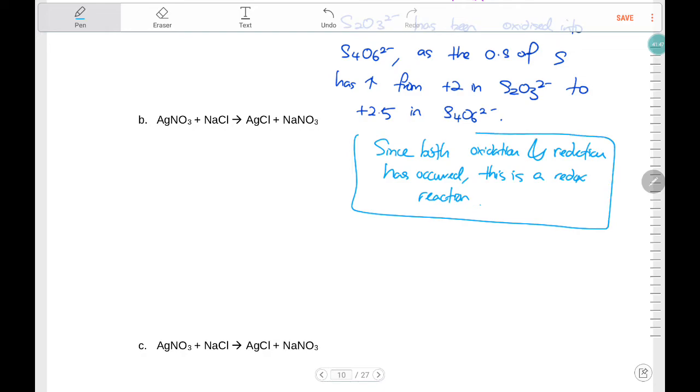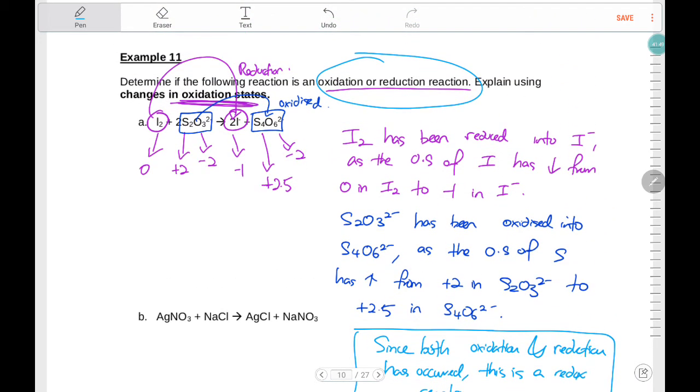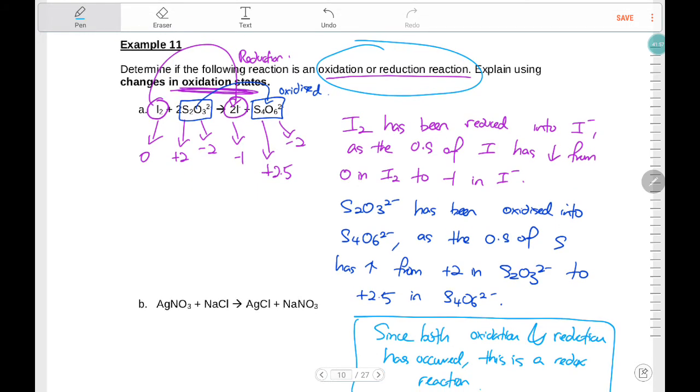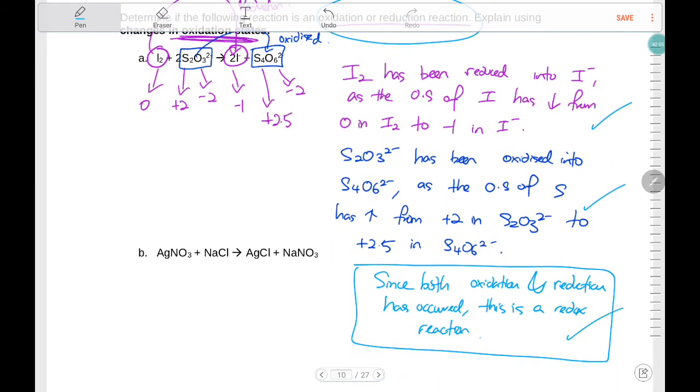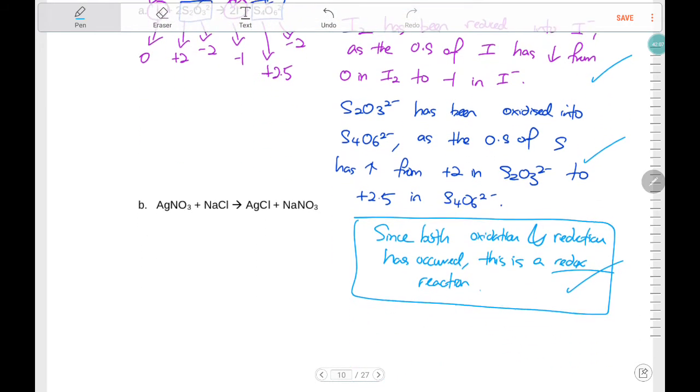So in this part, as we have mentioned last lesson, a bit different from how I answered the previous question, because the previous question is just asking me who oxidized, who reduced. In this case, they want to know is this oxidation or reduction. Therefore, after explaining that, hey, this is reduction, this is oxidation, I then answer the question. This is actually both, so redox. Okay, redox. Okay, moving on.